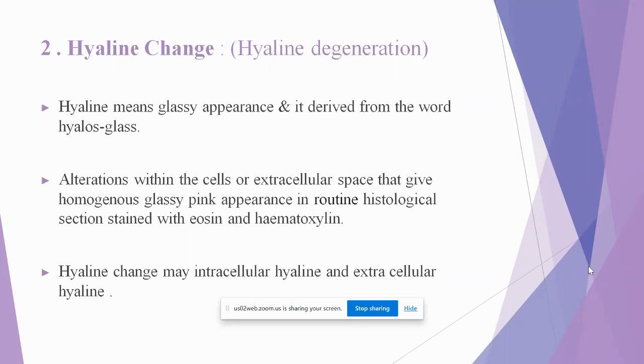Next one is hyaline change. The next morphology of reversible cell injury is hyaline change, also known as hyaline degeneration. Hyaline means glassy appearance, derived from the word hyalos, which means glass.